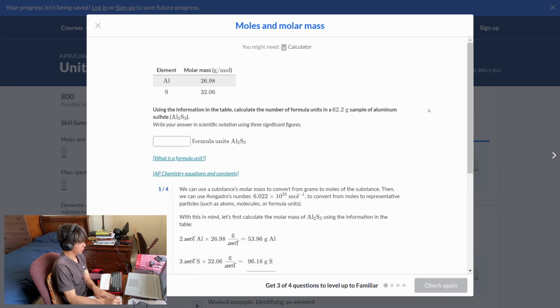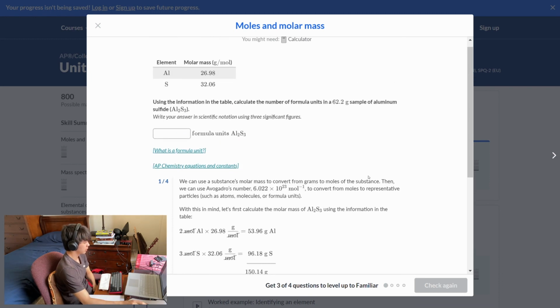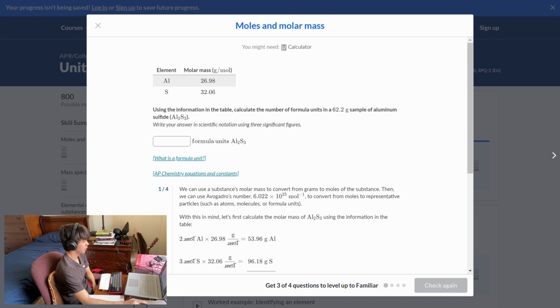And we've got 32.06 grams per mole times 3 of them of sulfur. And that gives us a big number. Where's the calculator? Oh, you might need a calculator, really. Okay, calculator.